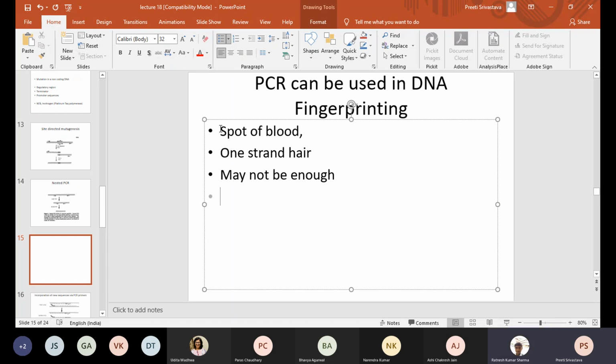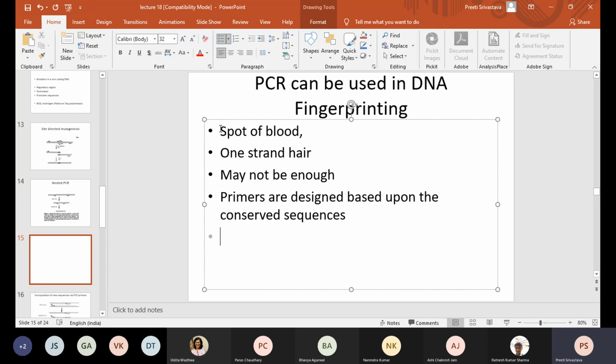So in such cases, class, what is done is that we take the help of PCR. In this case, primers are designed based upon the conserved sequences. And maybe I will tell you this first.